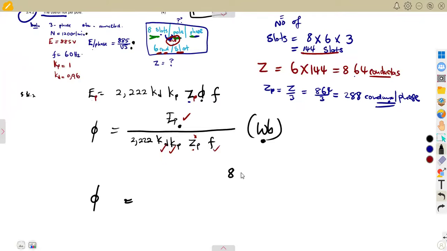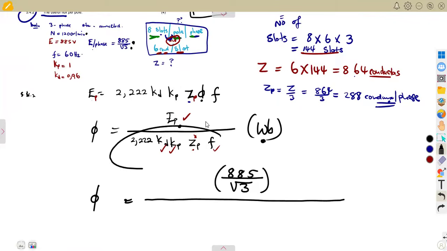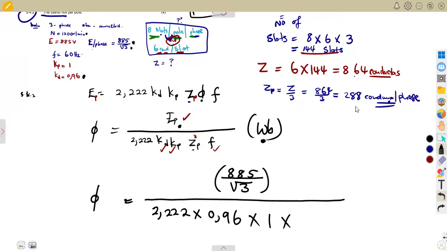Then, the rest of the formula, as we now calculated ZP: KD, the distribution factor of 0.96, the pitch factor 1, then ZP per phase, 288, times the frequency, which is 60 hertz.